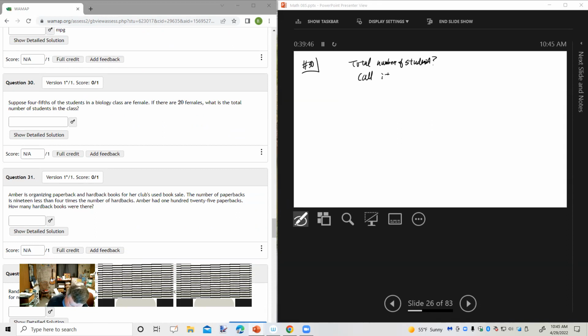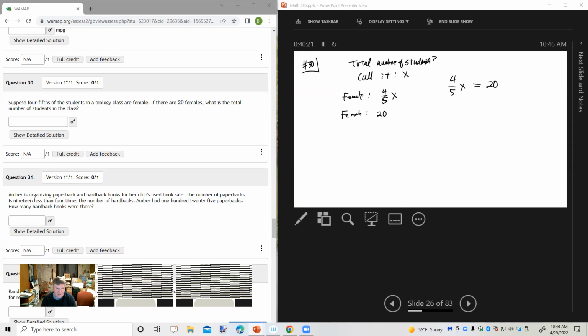Let's call it X. Female students would be 4/5 of the total number of students, which is X, and female students is 20. So we've got two different ways of describing the female students. Therefore, 4/5 X is equal to 20.